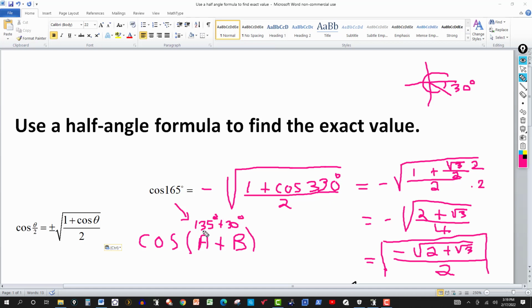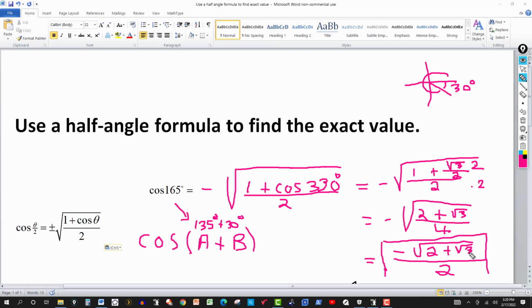Obviously 135 has a reference angle of 45 degrees, so we can work with that from the reference triangle. And of course 30 degrees is one of the angles from our main reference triangle. So we can expand this using the formula. Write this as cosine of 135 times the cosine of 30 minus the sine of 135 times the sine of 30. And you'll get the answer.